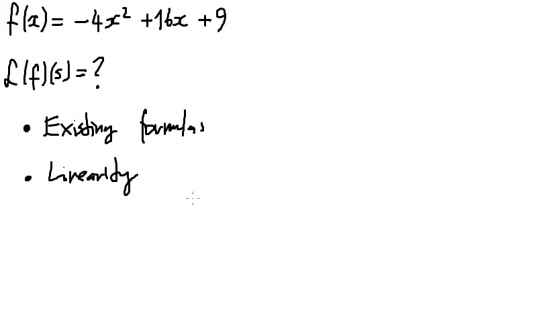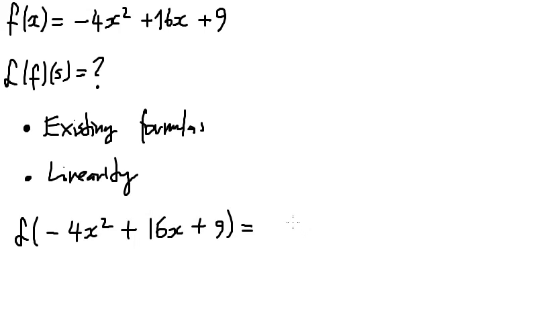To come to that, first let us apply linearity. So by the principle of linearity, what we can do is the following. If I want to evaluate the Laplace transform of minus 4x squared plus 16x plus 9, by linearity I can evaluate each individual function in this linear combination and then take the same linear combination of those evaluated functions.